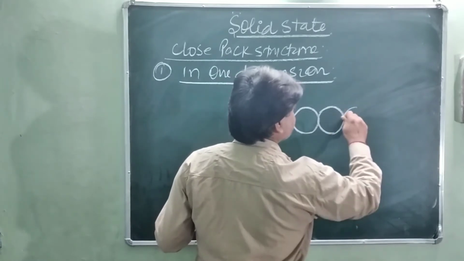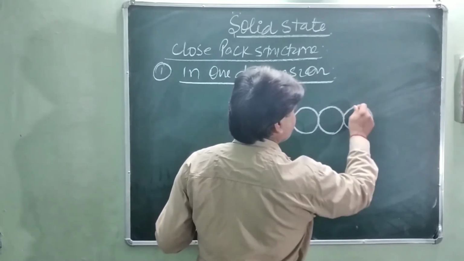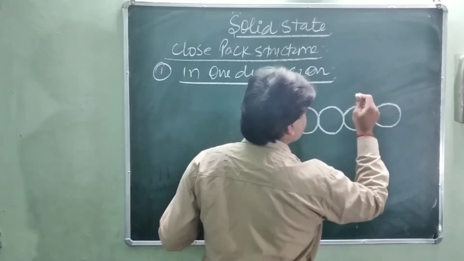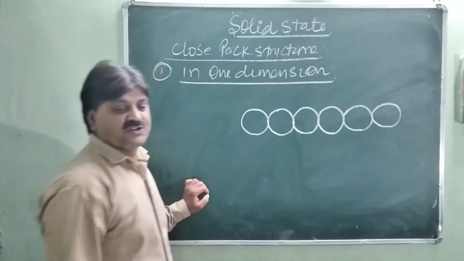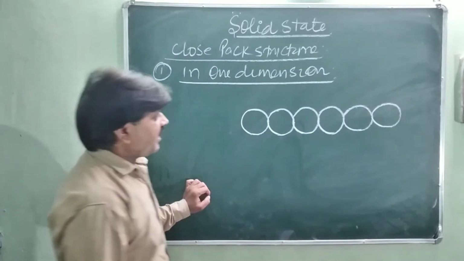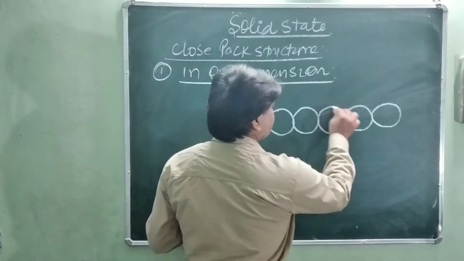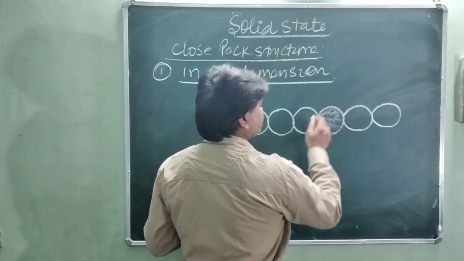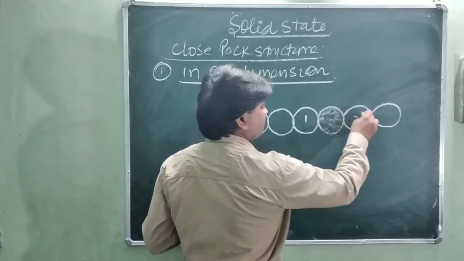You will see a regular pattern here. In this way the atoms are arranged in the solid. This is the 1 dimensional arrangement, and you will see one atom is surrounded by 1 and 2 atoms.